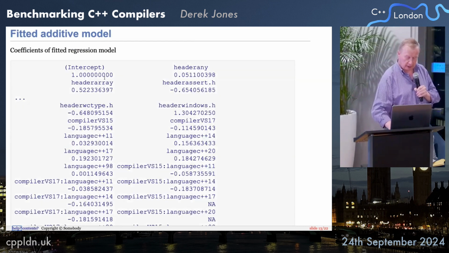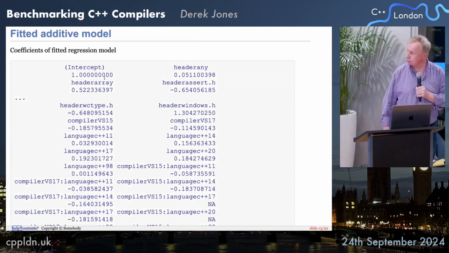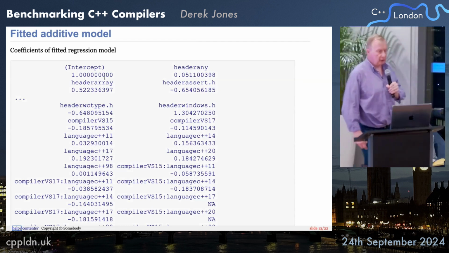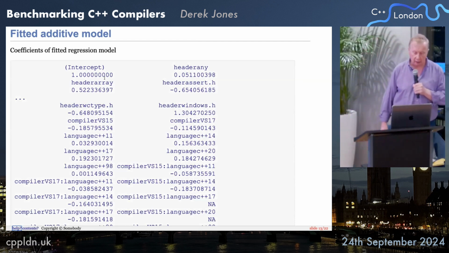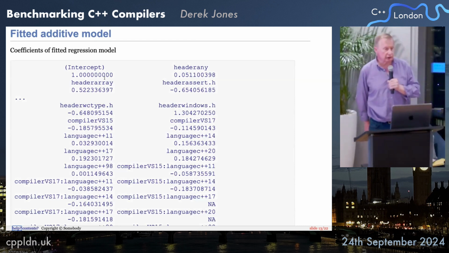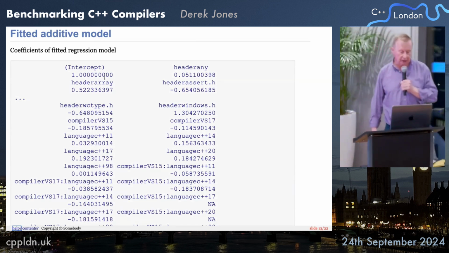I'll come to an example in a minute. And then looking down, here you can see the contribution of the different compilers. And then further on down, you can see the different standard versions, by setting the command line option, the contribution that they're making.